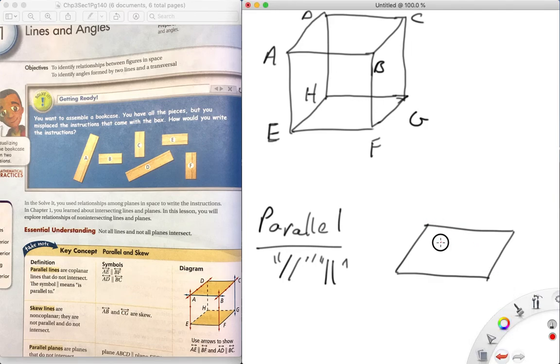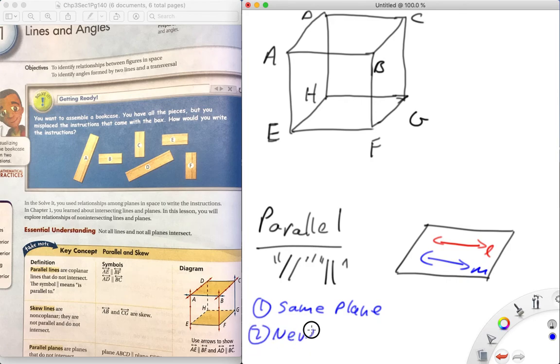So if I have this line here, line L, and this line here, line M, they are parallel because they're in the same plane, number one. And they never intersect. So that's parallel.